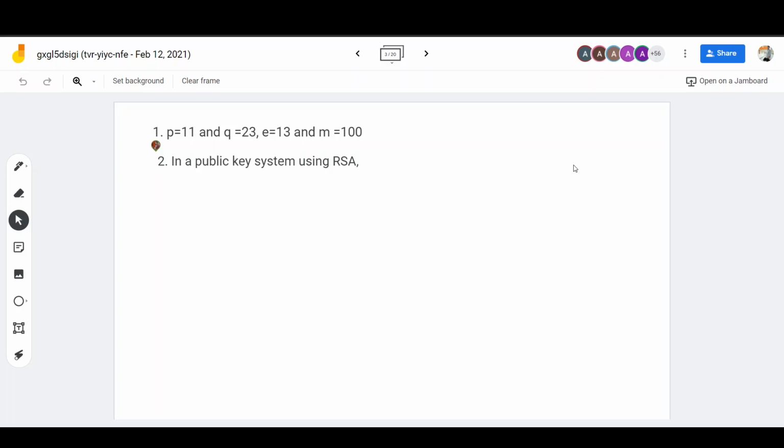So what is the plain text? What is the plain text? This problem also, try to solve.